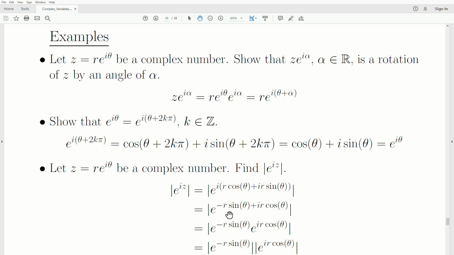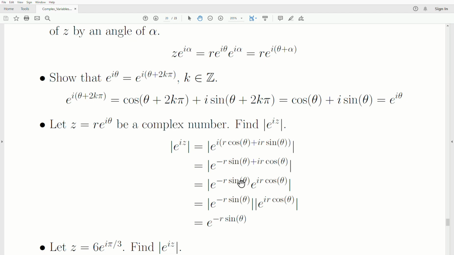We separate the exponents in e to the minus r sine of theta, e to the this piece here. This is a real number, so the modulus is just a product. But the modulus of this is r cosine theta plus i times the sine of this angle. The modulus means you square those, so you get cosine squared plus sine squared, which is 1. And then this is a positive real number. So that's it. And so this is the modulus of this number, e to the iz.